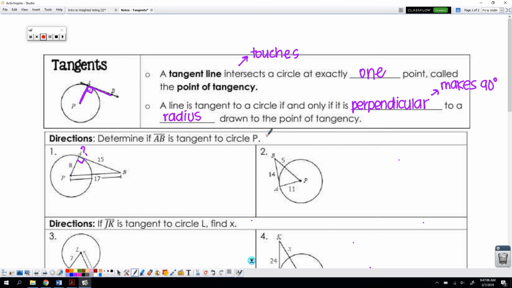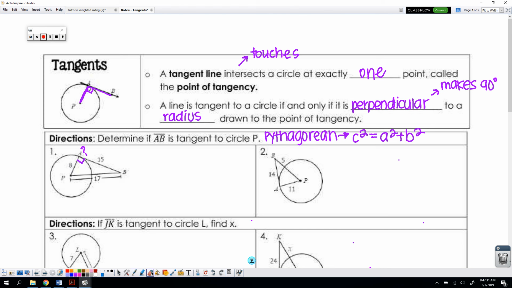What is that thing for side lengths of a right triangle? Oh yeah, the Pythagorean theorem. So the Pythagorean theorem says c squared equals a squared plus b squared. Perfect.